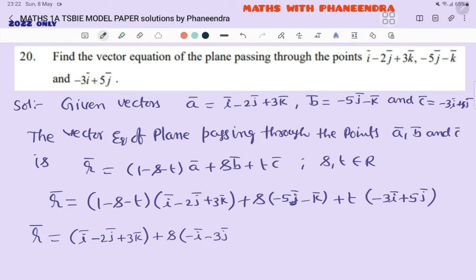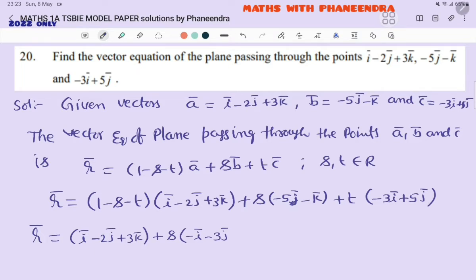So 1 is okay, minus i bar minus 2s into j minus 3k, so minus 5j, so this is 3j, okay, minus sk. Here k term is not there, only s terms if you take it, so only 5j, and k terms also we want now.